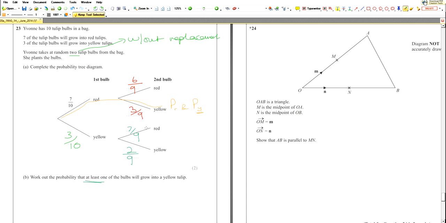Or we could have a yellow first, followed by a red. Probability of yellow and probability of red. So here's our 1 yellow. Or we could get 1 yellow followed by another yellow. Probability of yellow and probability of yellow. So here we have at least 1 and then we have the extra 1.